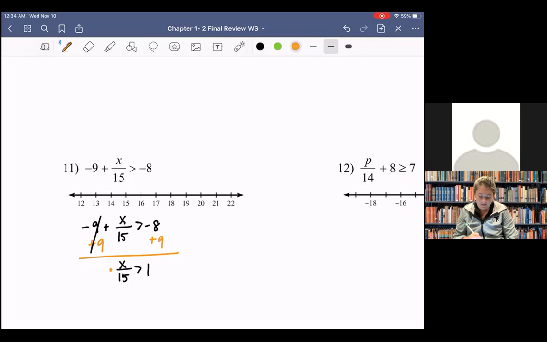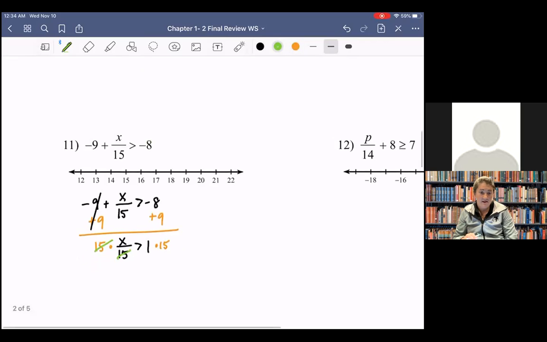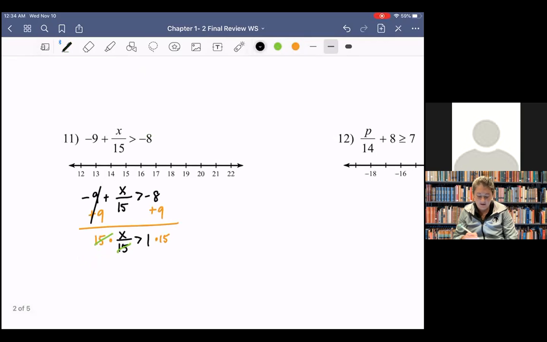And then I just multiply both sides by 15 to get rid of that fraction. When I multiply by 15, I'm multiplying and dividing by 15. So that cancels out, and I'm just left with x greater than 1 times 15, which is 15. That's already written in the right way. So I'm going to put an open circle on 15 and then shade to the right.